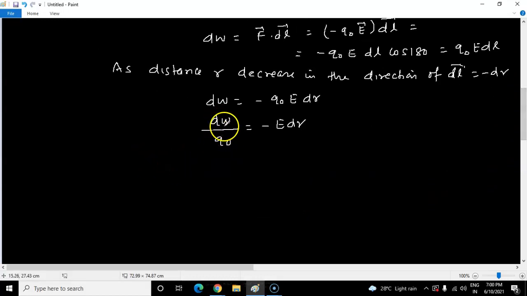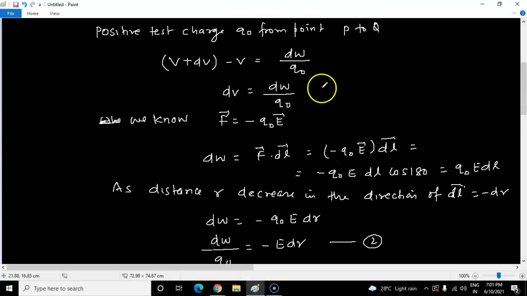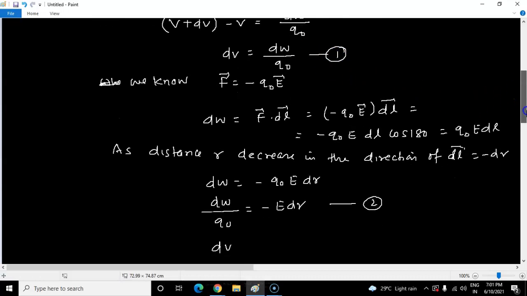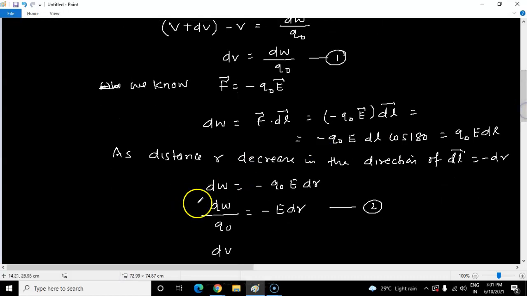So dW by Q naught is called what? dV. You can write this as equation 2 and this as equation 1. dW by Q naught is dV.